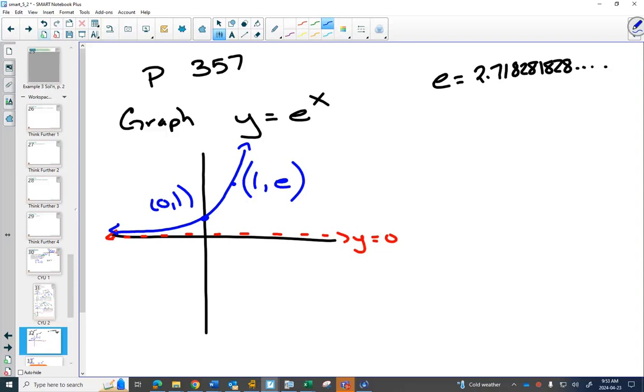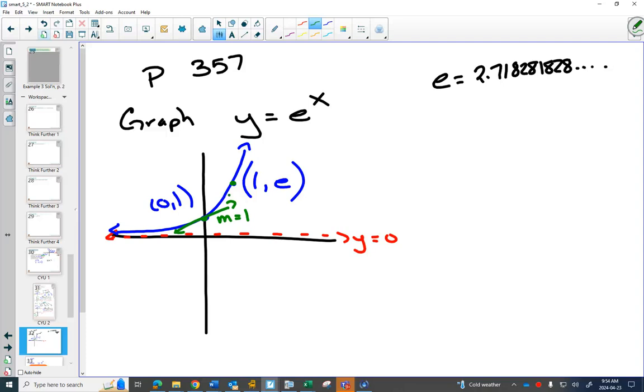And the number e is super important for calculus. Why? If you take any tangent line at any point, tangent line looks like this. Calculus is interested in the slopes of tangent lines. The slope of this one is 1.